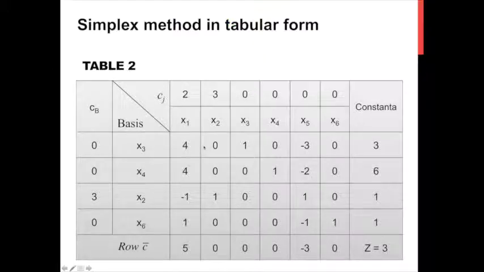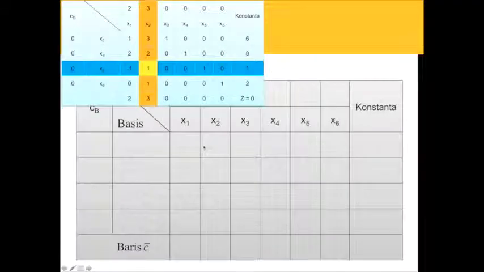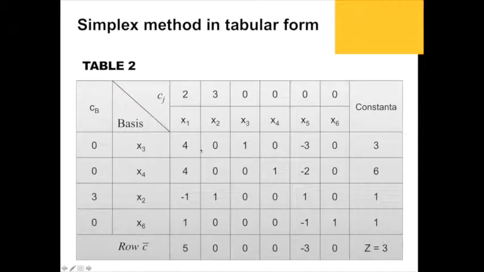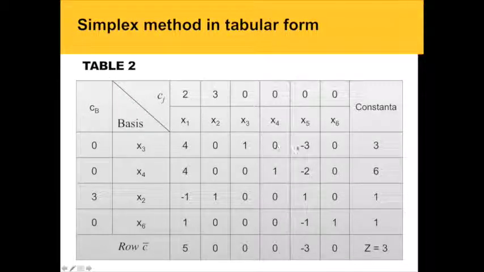Like before, this is 1 1 0 0, and now it becomes 4 1 0 minus 3 0. So it's called the iteration.